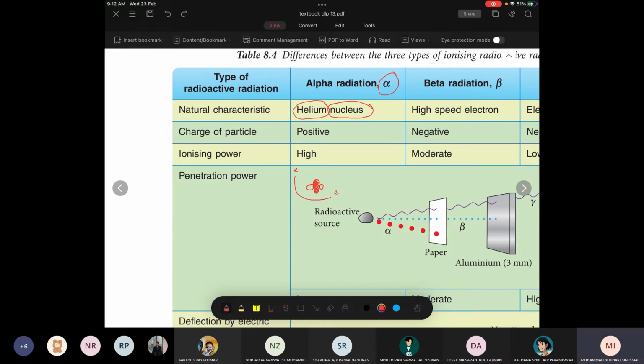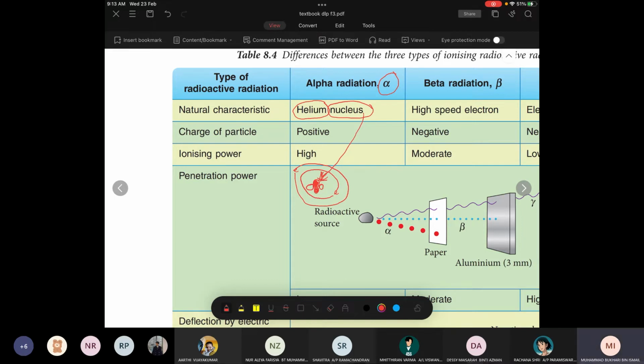Here we have two electrons circling it, something like this. So what is alpha? Alpha is actually the nucleus of this atom, the nucleus of helium. Okay, that is alpha.